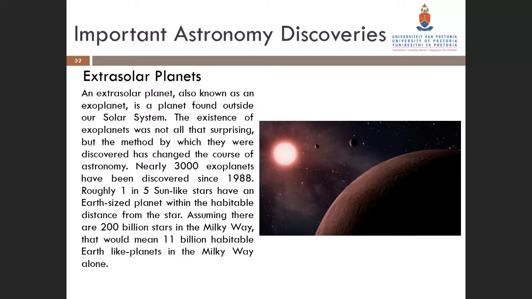Nearly 3,000 exoplanets have been discovered since 1988. Roughly 1 in 5 Sun-like stars have an Earth-sized planet within the habitable distance from the star. Assuming there are 200 billion stars in the Milky Way, that would mean 11 billion habitable Earth-like planets in the Milky Way alone.